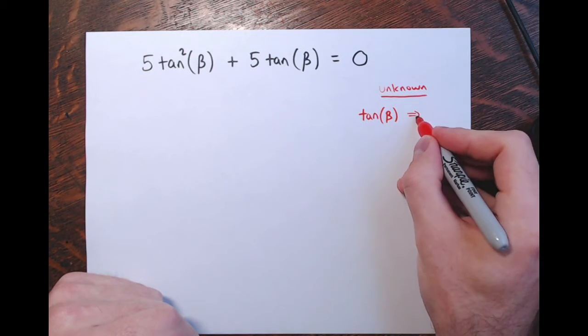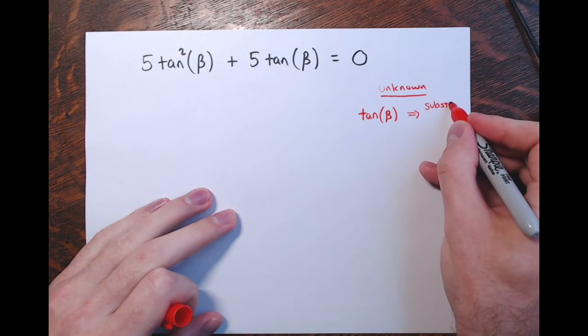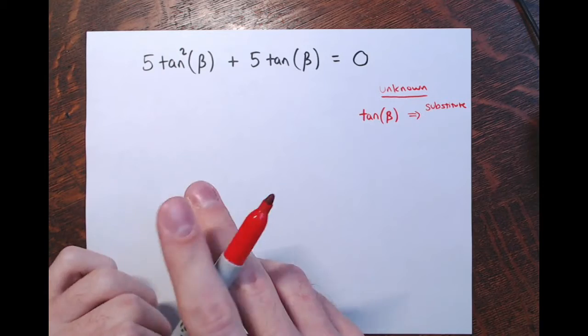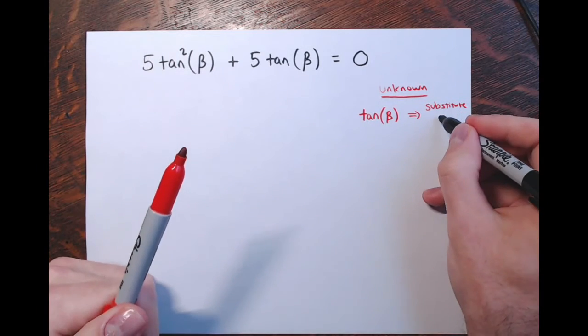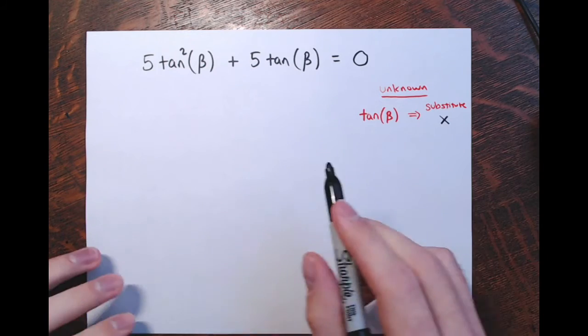So if you'd like, we can substitute some letter for this, like x. Everywhere I see tangent of beta, I just replace it with x.